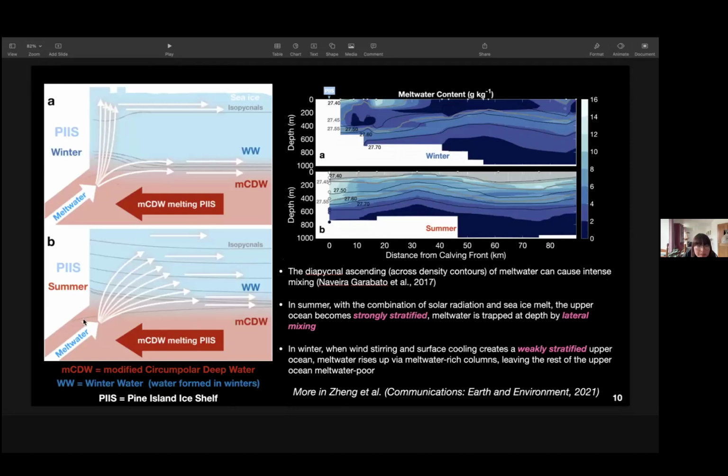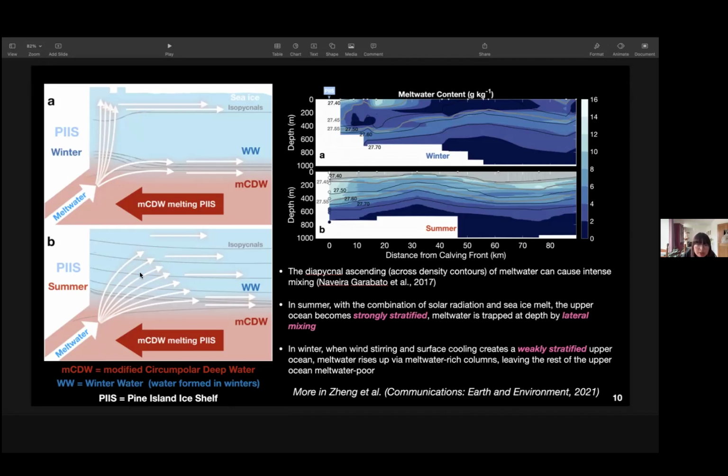So in summertime, there are many gray lines here, and those are the isopycnals. Apologies for non-oceanographers. Those isopycnals are the density contours. So we have that in summertime with the combination of solar warming and also the sea ice melt.